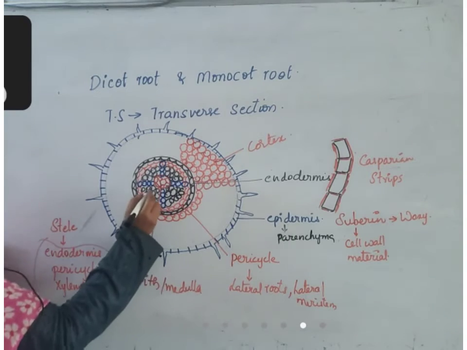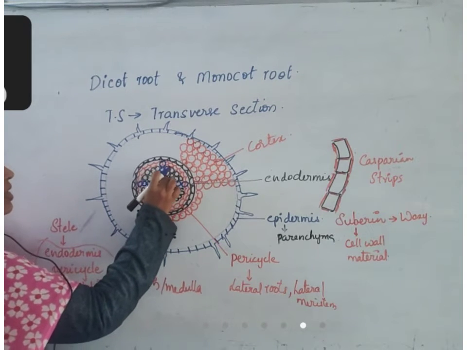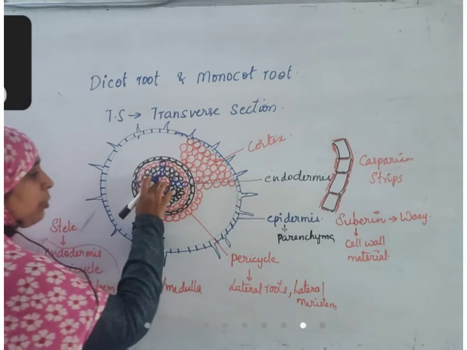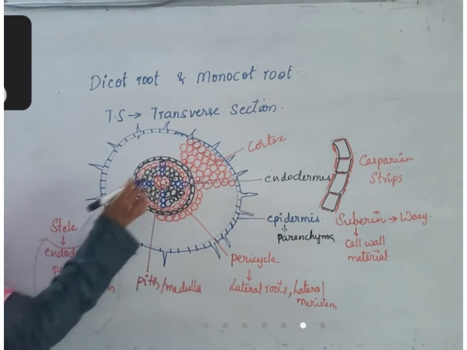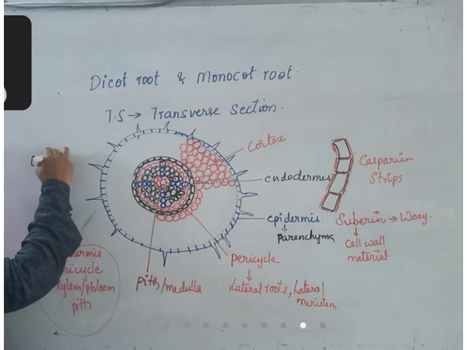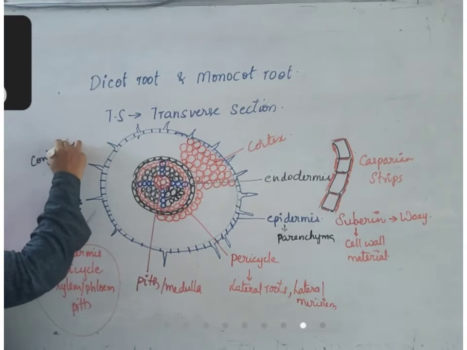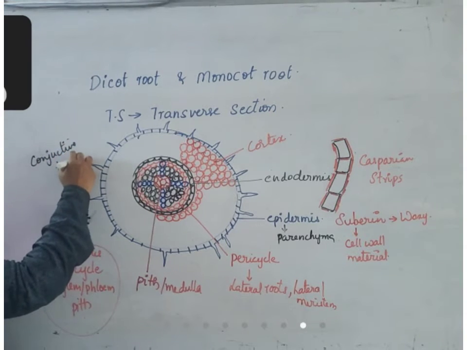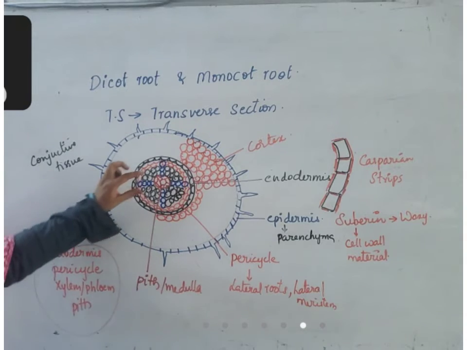Here, the parenchyma tissue that is present between xylem and phloem, the name of this tissue is conjunctive tissue. The name of that central part is pith.